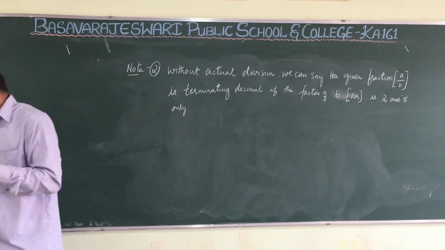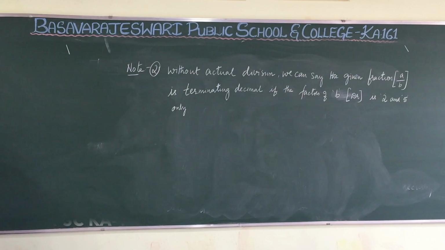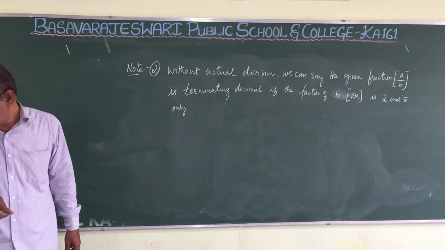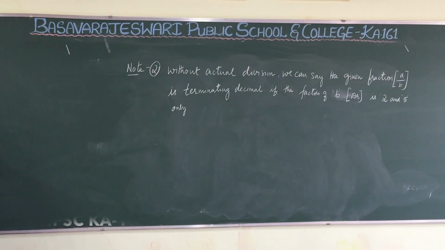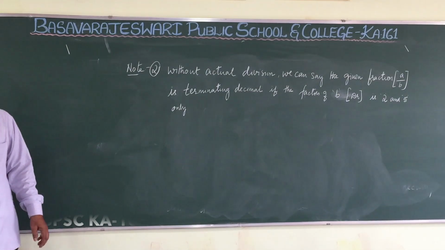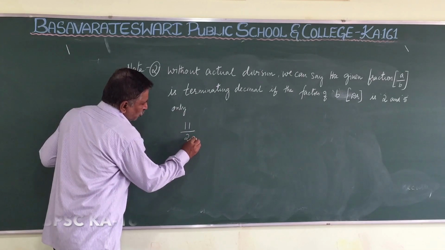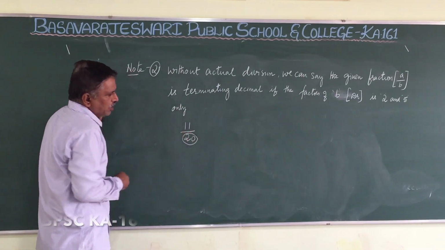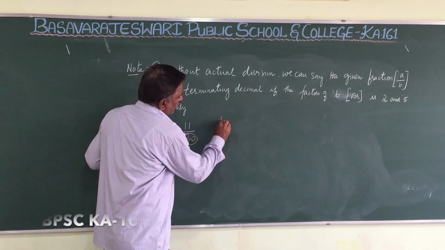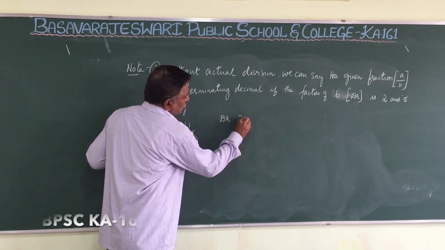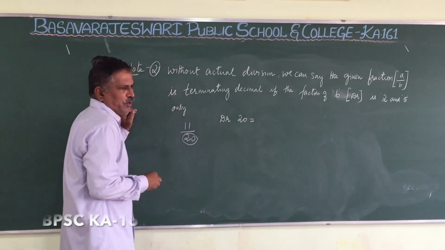So let me take one example: 11 by 20. The denominator here is 20.